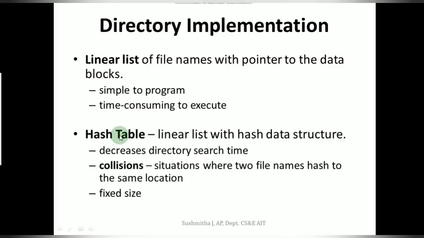What if there is a situation in which two file names hash to the same location? There should be some provision or mechanism made to resolve the collision. The other disadvantage could be the fixed size of the hash table and the dependence of the hash function on the size. So these are some of the issues associated with the indexing implementation of the directory.